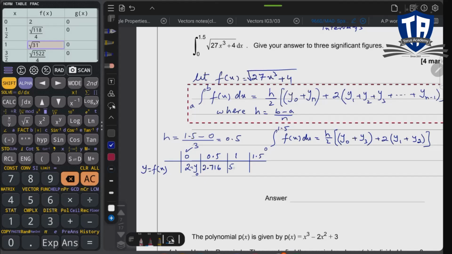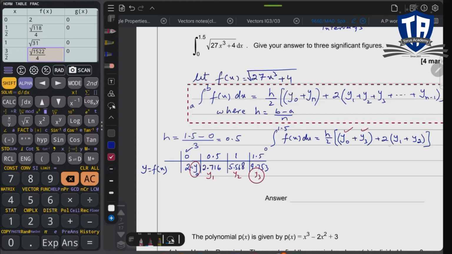These values are considered as y1, y2 and y3. You can see that your first ordinate value was y0 and your last value is y3. So this is what we have mentioned in the formula: y0 and y3 and plus 2 times these values.